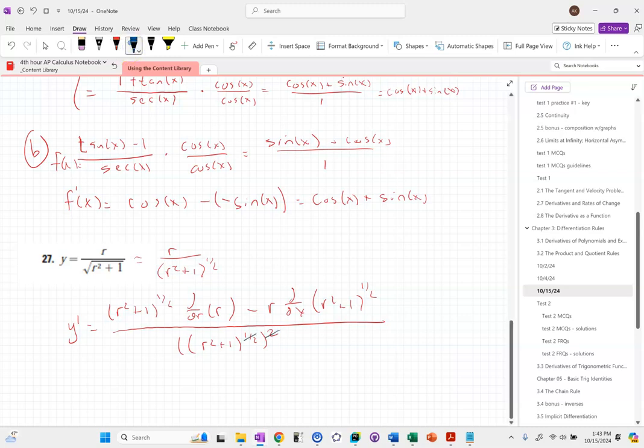So if I look, the squared cancels the square root. The derivative of r is just going to be 1. And then the derivative of r squared plus 1 to the 1/2, that's a chain rule. So I'm going to have the 1/2 inside to the negative 1/2.